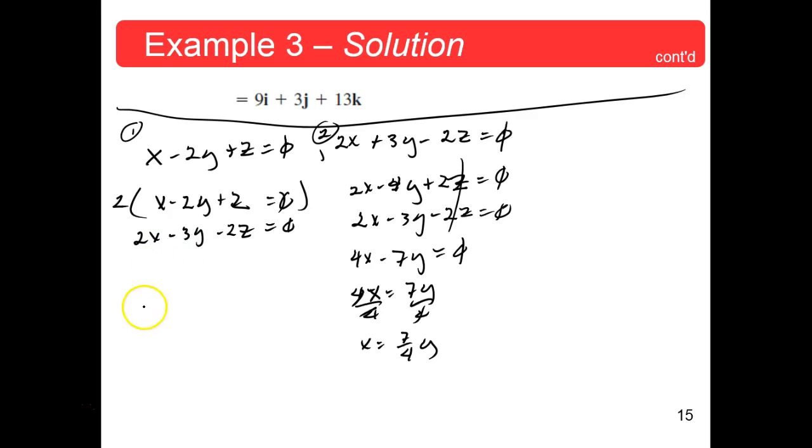It doesn't matter. So we'll do 7/4 y minus 2y plus z is equal to 0. Now 2y would be 8/4 y, right? So that would be minus 1/4 y plus z is equal to 0. Okay?